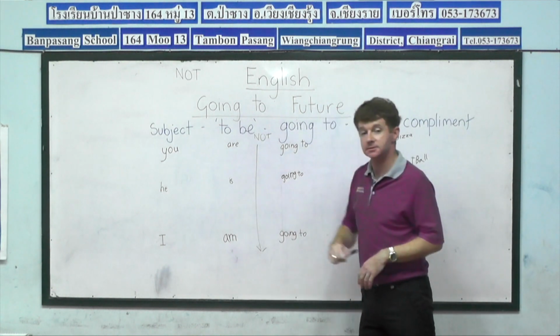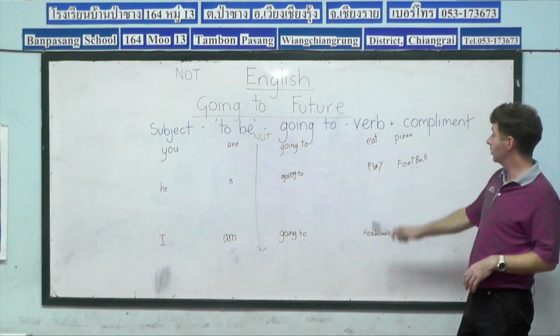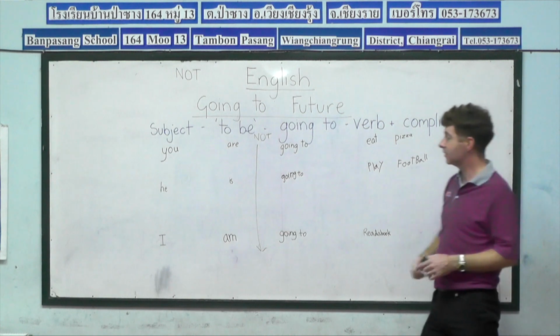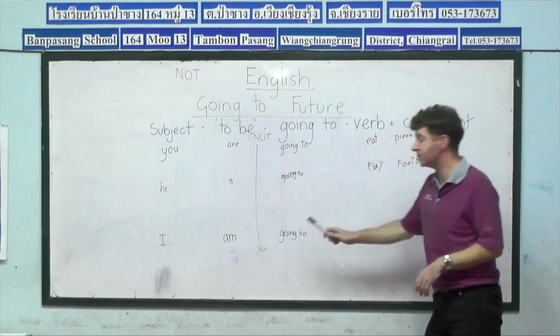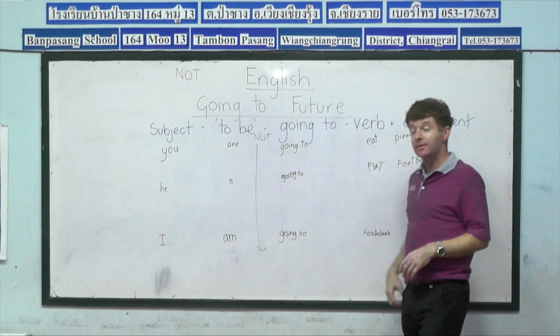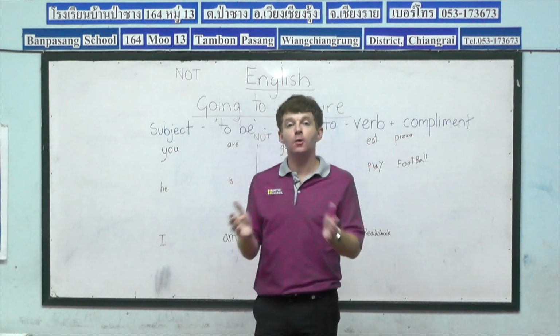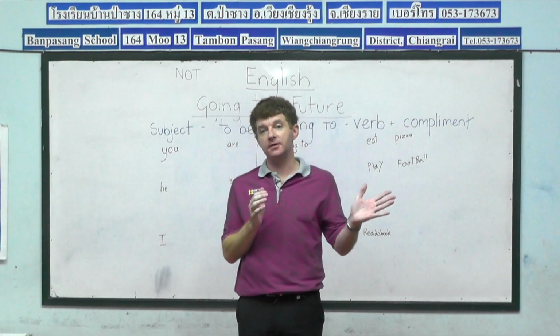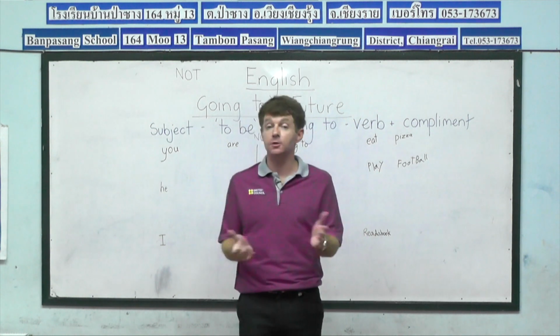He is not going to play football. I am not going to read a book. So you see, by simply adding one word, not, we've turned the positive future phrase, using going to, into the negative future phrase, using going to.